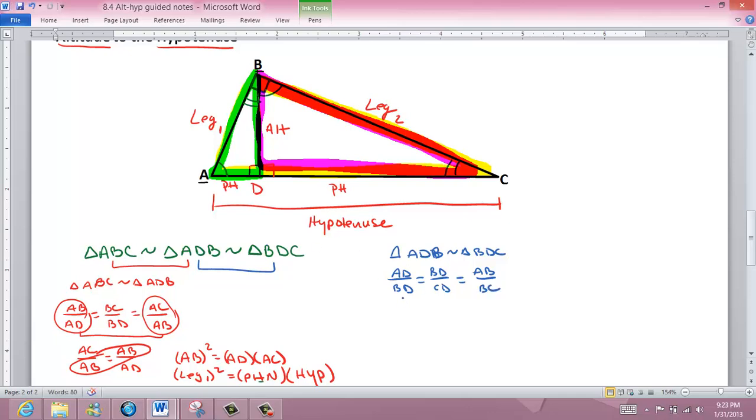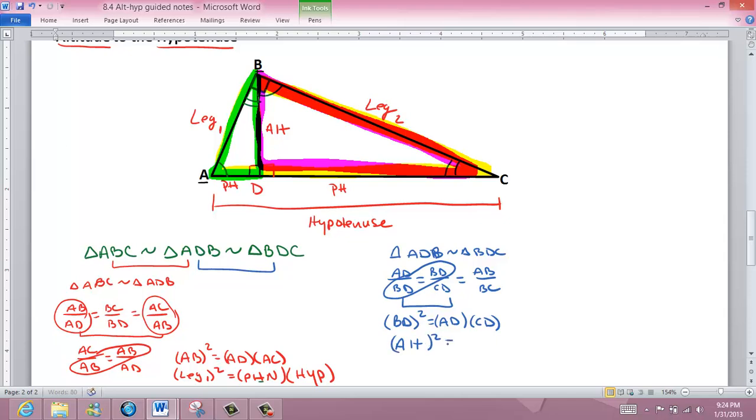Now, notice the first two ratios I have here. If I look at the cross product here, doesn't this end up being a geometric mean? Okay, now that ends up being BD times BD is BD squared equals AD times CD. Now let's look at those segments within the triangle. If I look at BD, what does BD represent? Well, isn't BD the altitude?